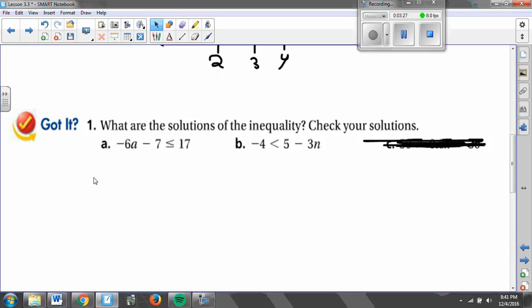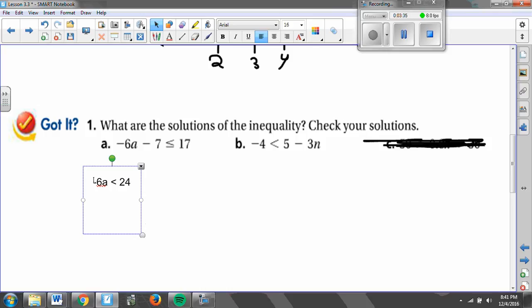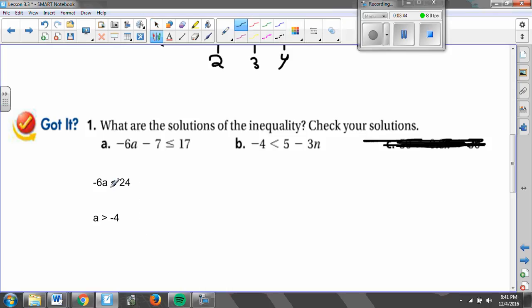In letter A, we get negative 6a is less than or equal to 24, which means, of course, a must now be greater than or equal to negative 4. Then in letter B, we get negative 9 is less than negative 3n.